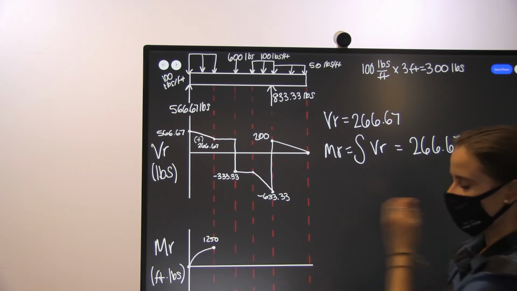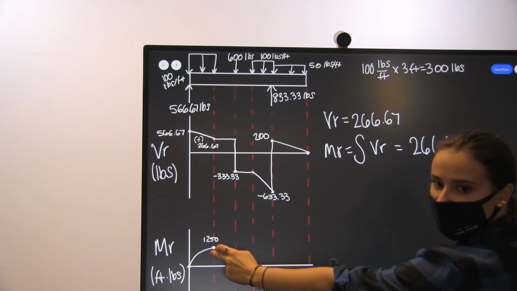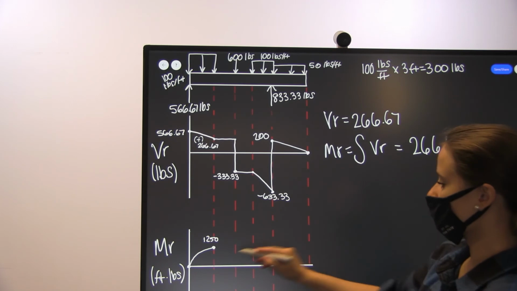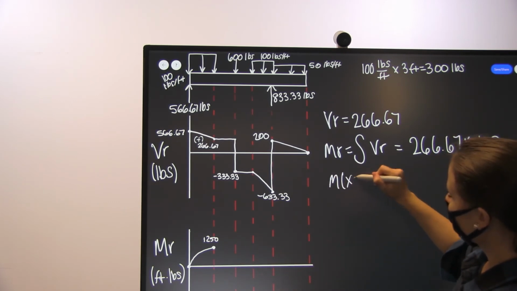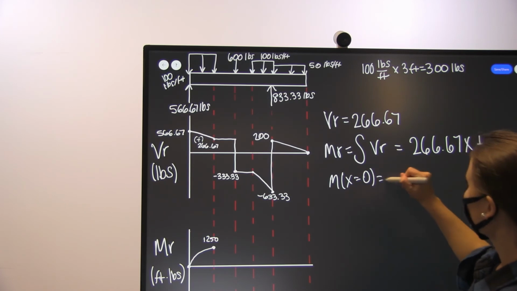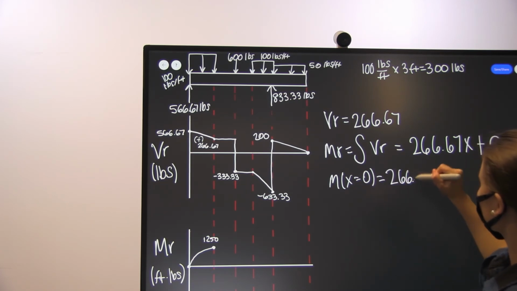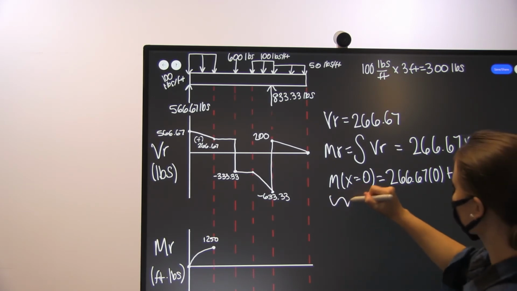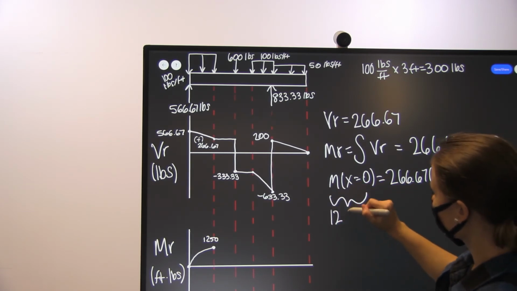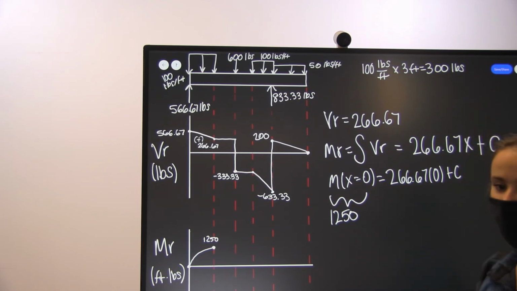For this section, this starting point right here, we're going to say that this is x equals 0 for this section. So at m of x is equal to 0, that's 266.67 times 0 plus c. This is equal to 1250. So that's how we get our c value.